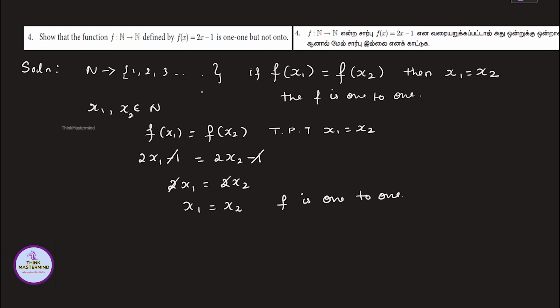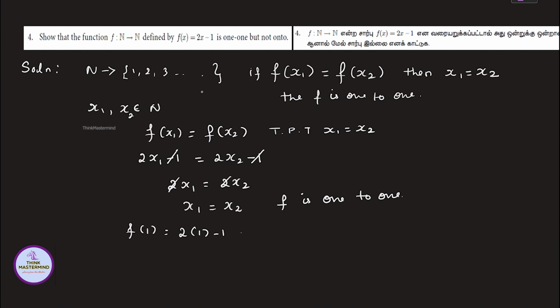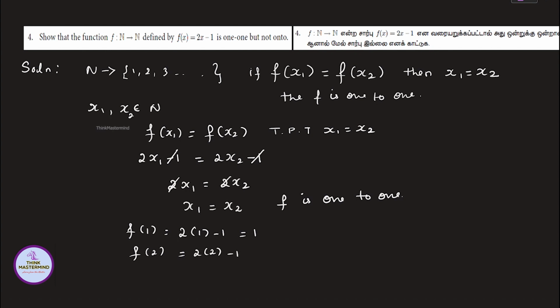So next our question is, it is not onto. Suppose we substitute: f of 1 is 2 times 1 minus 1, that is 1. f of 2 is 2 times 2 minus 1, that is 4 minus 1, 3. So it is an increasing function.